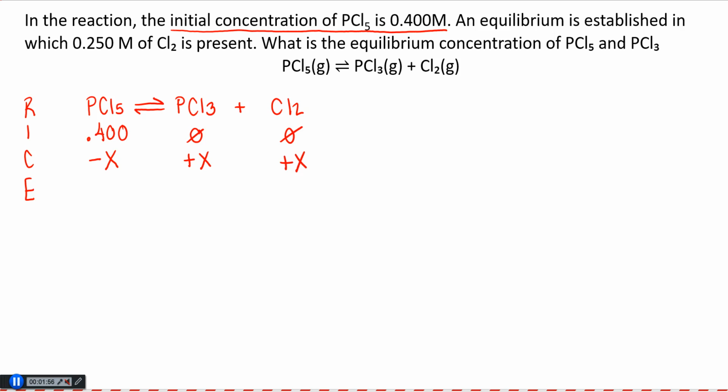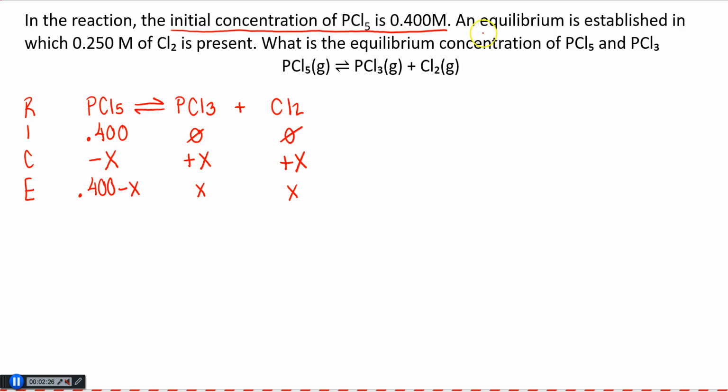For the equilibrium row, we're just going to add together initial and change. So to get my equilibrium concentration, I'm going to take my initial concentration minus the change in concentration. 0 plus x is x, and for chlorine, 0 plus x is x. So once you have your RICE table filled out, our next step is we want to solve for x.